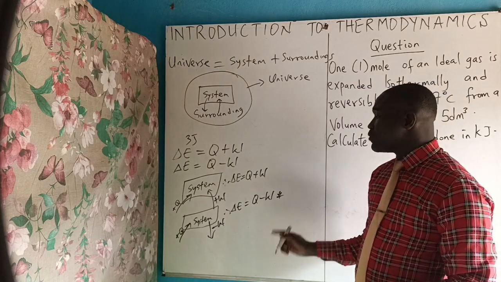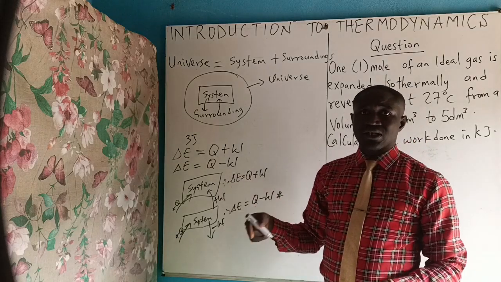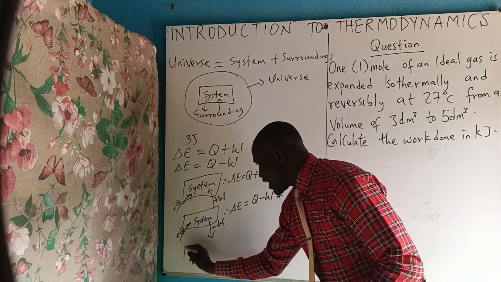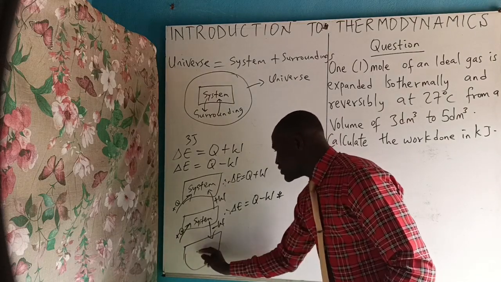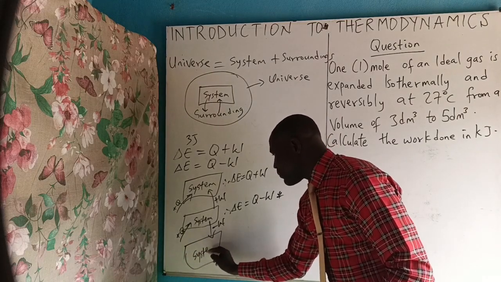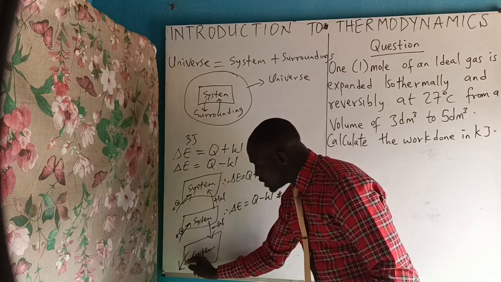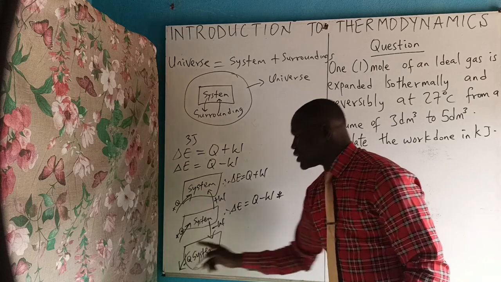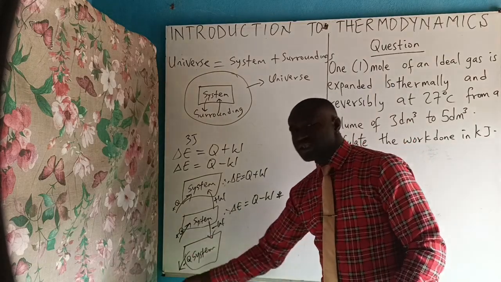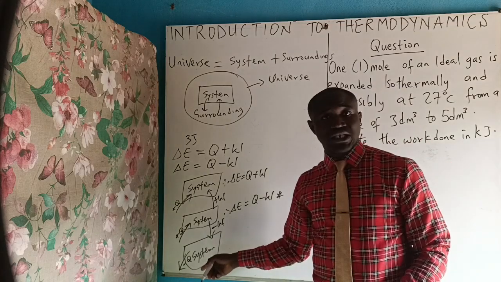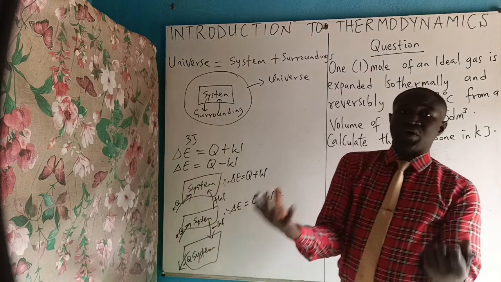All these things we are discussing happen in real life most times. Okay, let's see another one. This is a system because we are discussing what happens to a system. When the system is losing heat energy, we call it minus Q. It's losing heat energy to the surrounding. That means as it loses the heat energy, the surrounding will gain it.